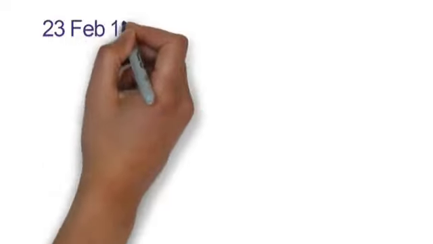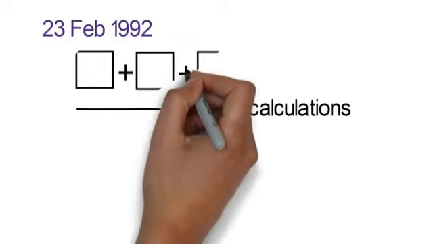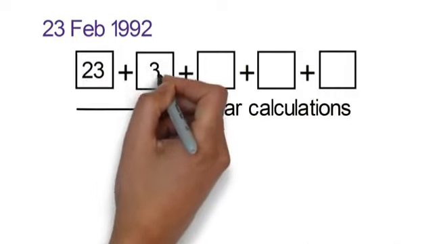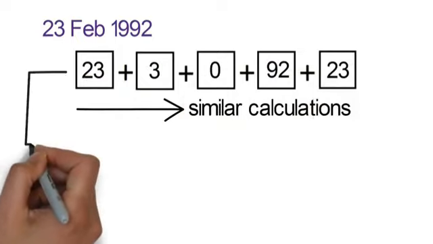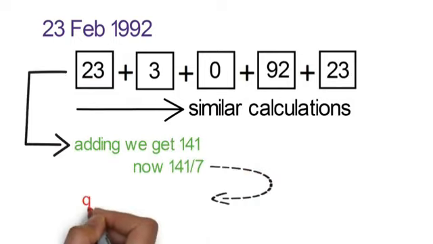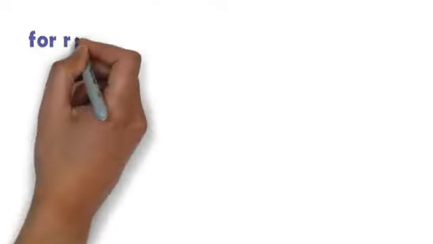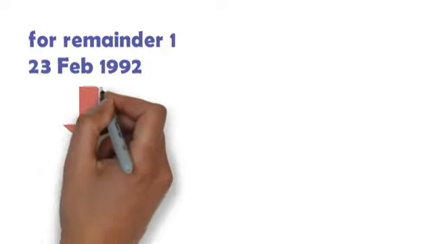Now, if we solve this problem, the process will be the same as we did before. Like the first example, we have to add 5 numbers, then divide by 7, and at last we get remainder 1. The remainder suggests that the date will be Monday according to the week chart.